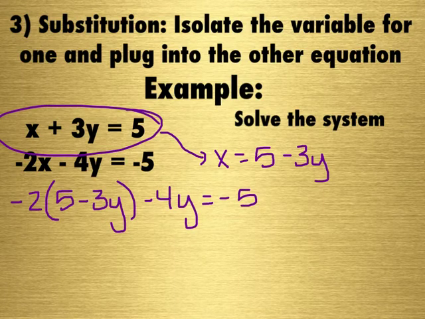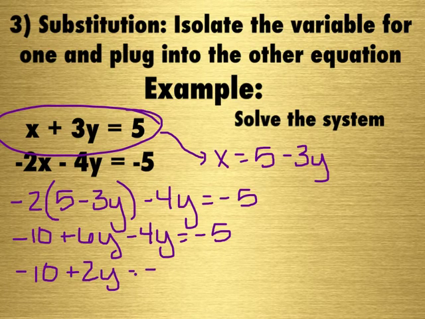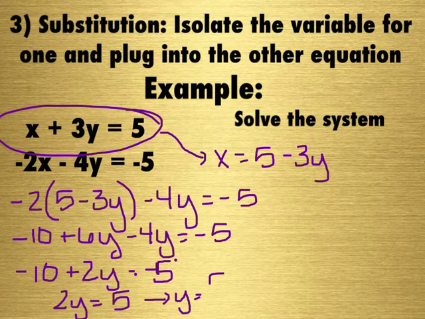Now I can solve out for y. We'll distribute: negative 10 plus 6y minus 4y equals negative 5. Negative 10 plus 2y equals negative 5. We'll add 10 to each side and we get 2y equals 5.